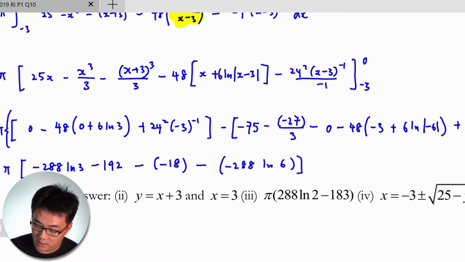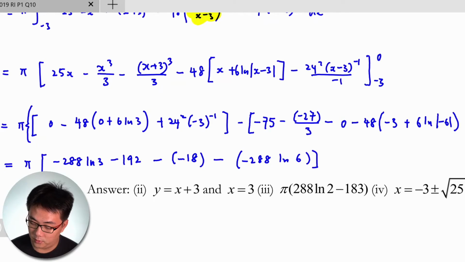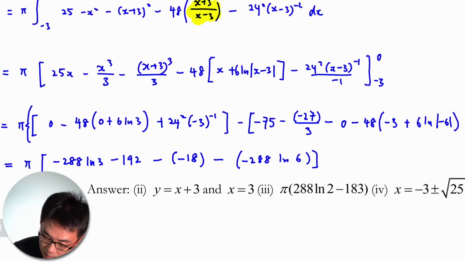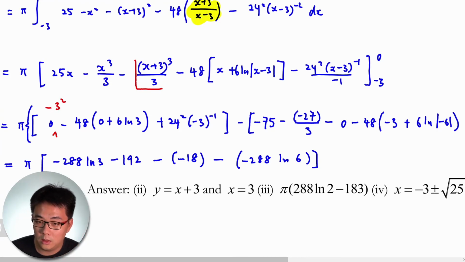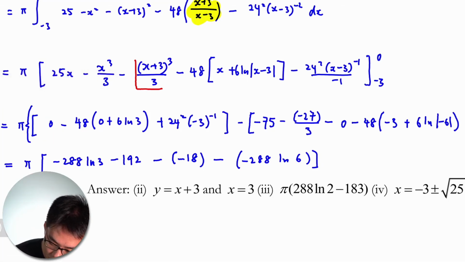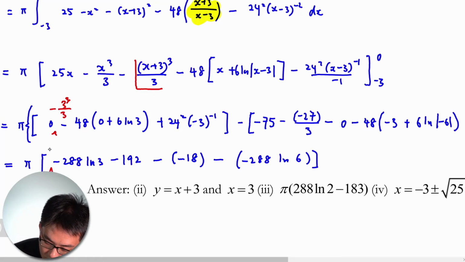Once simplified, you should be able to get this expression here, minus 192 plus 184. I realize I missed out something. This part here is not 0, so this would actually be minus 3 cubed over 3, so that will be minus 9.